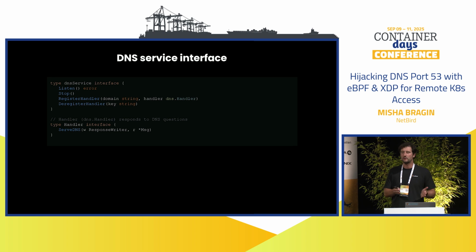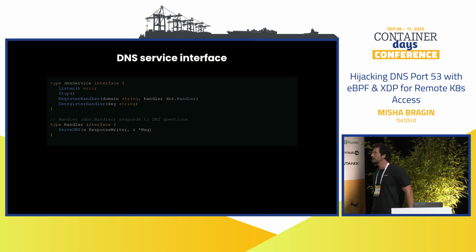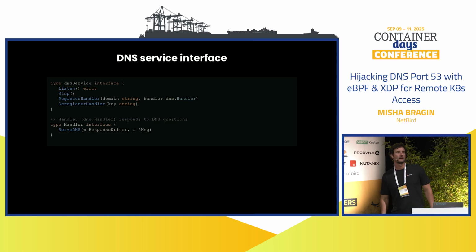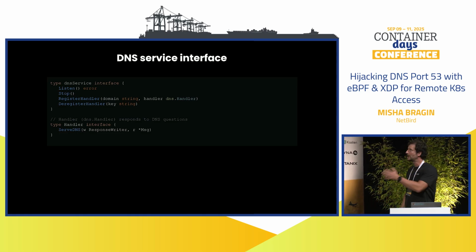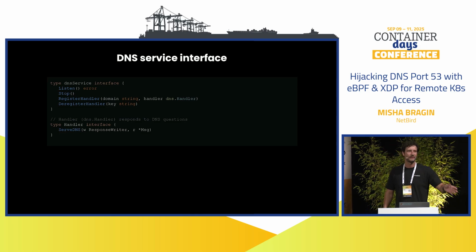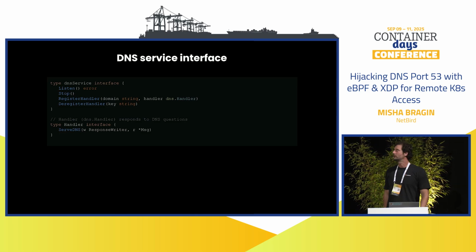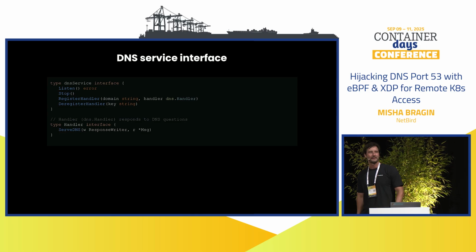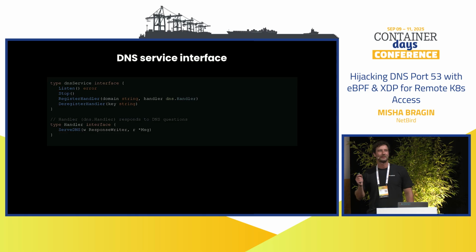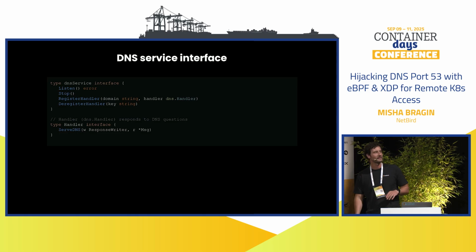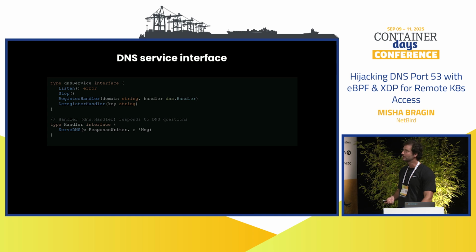In our case, it's a private domain, like private.network, that is handled by this handler, and very easy, right? So you can take this and feed it into ChatGPT or whatever, and you can vibe code your DNS server in 15 minutes and then spend 2 weeks solving bugs. But in our case, we didn't spend 2 weeks solving bugs because we actually implemented it ourselves. We didn't vibe code.